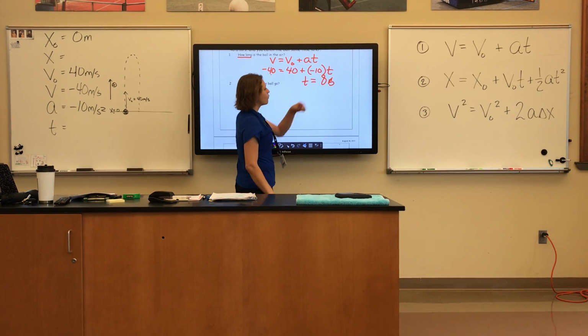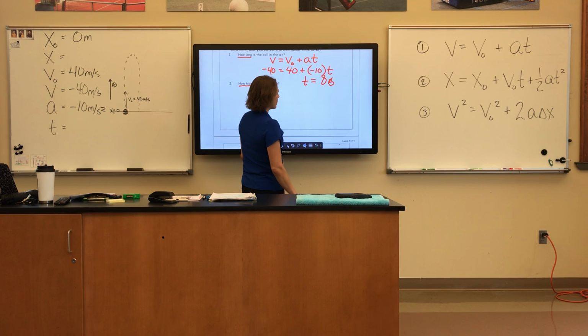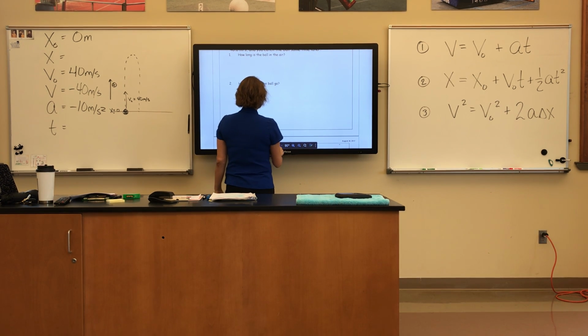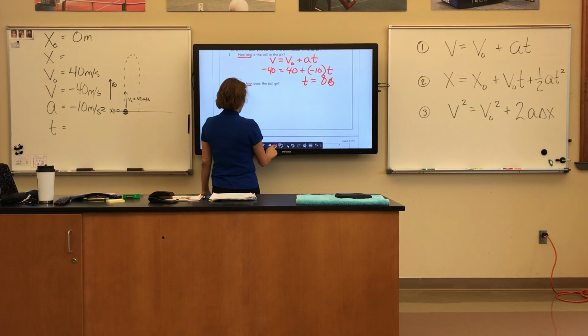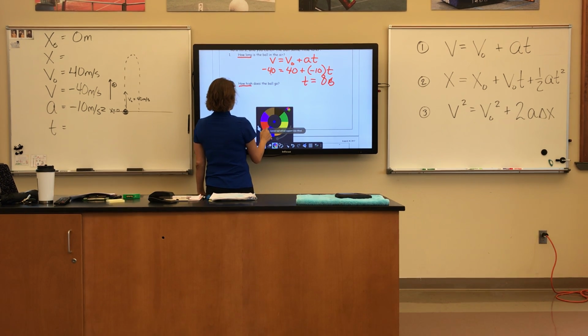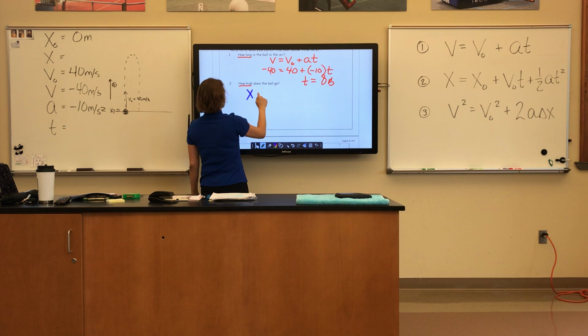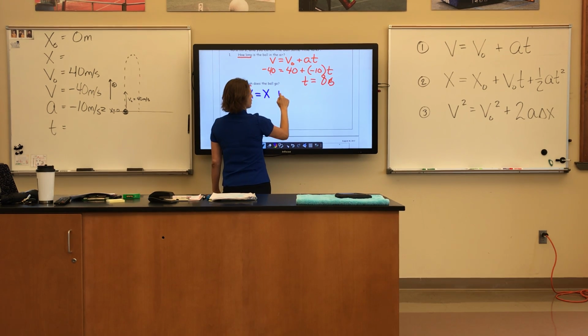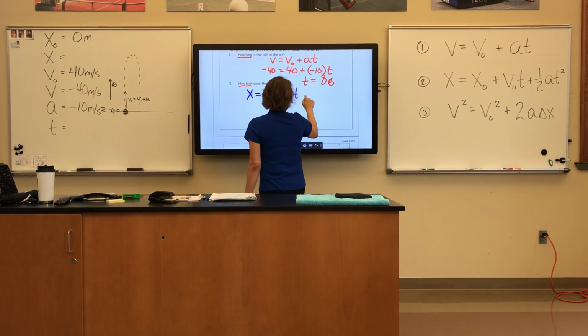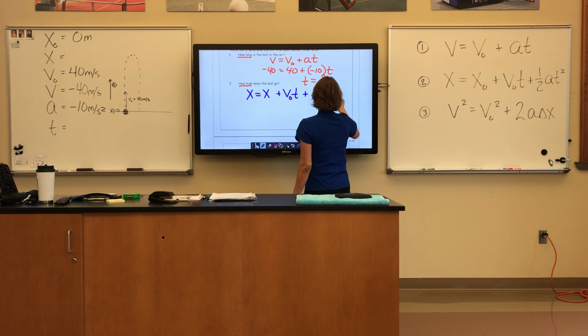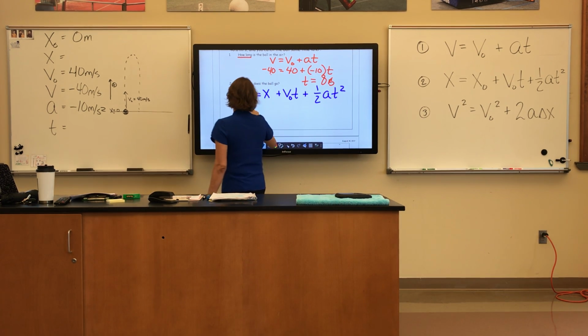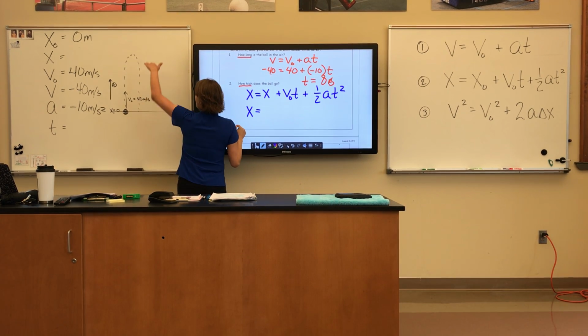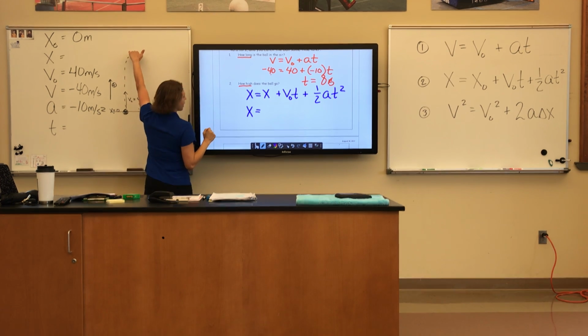All right, so for problem 2 there, I'm going to find final position. And to find final position, I need to know initial position. I need to know initial velocity times time, plus 1/2 times acceleration times time squared. To find my height of this object above the ground, I need to know where it starts.